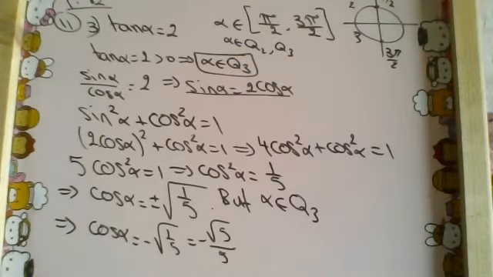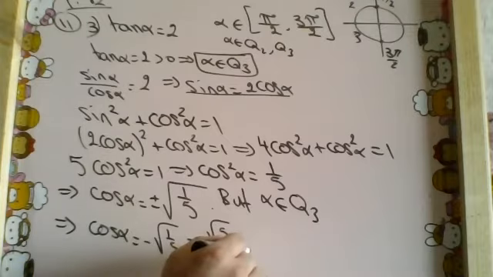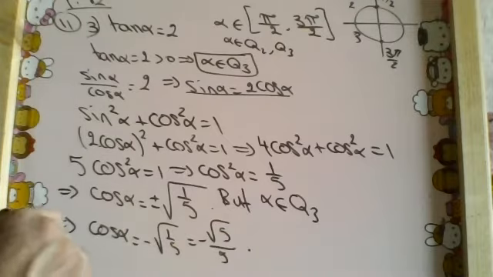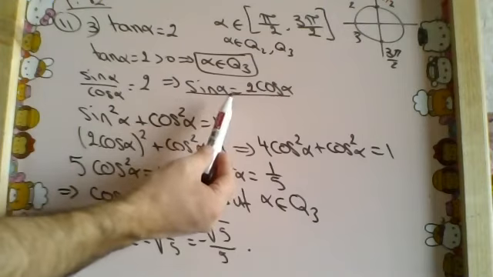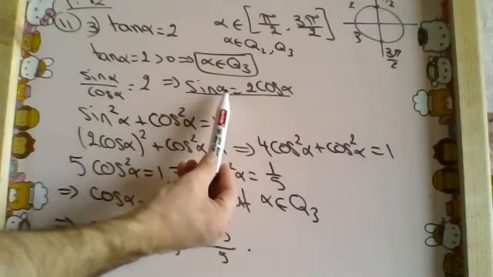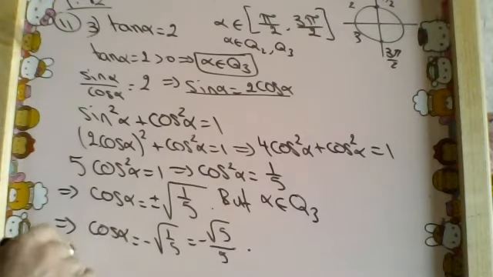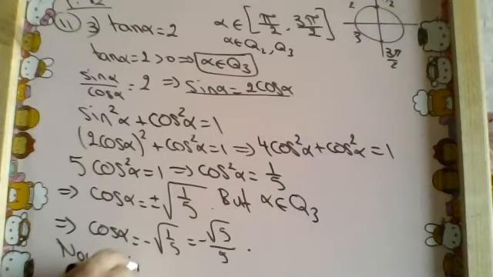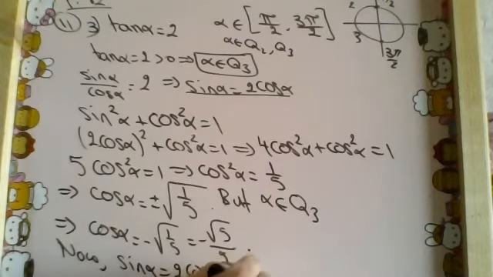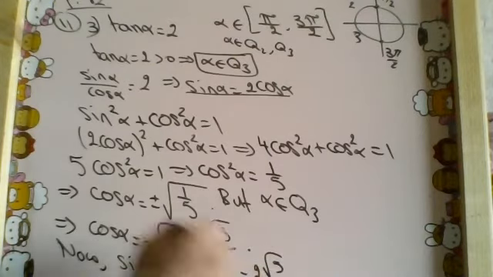What about sine alpha? We have the tangent and we found the cosine, so we can get the sine. Sine alpha is equal to 2 cosine alpha, so it is equal to negative 2 radical 5 over 5.